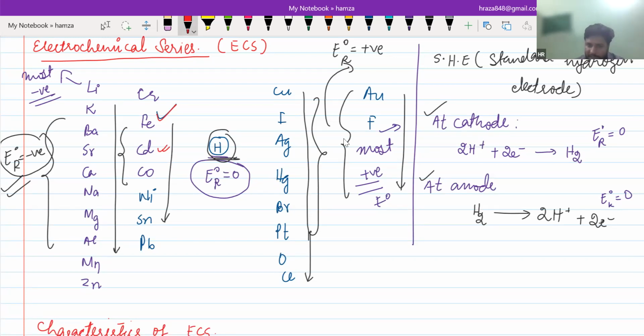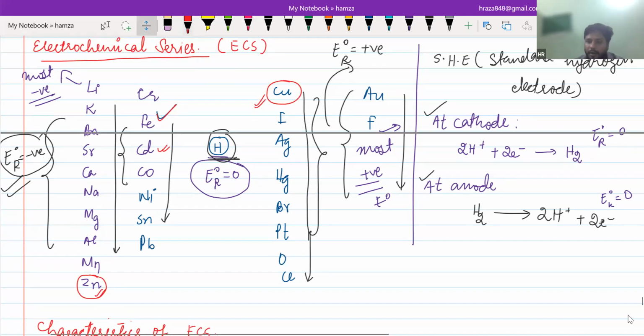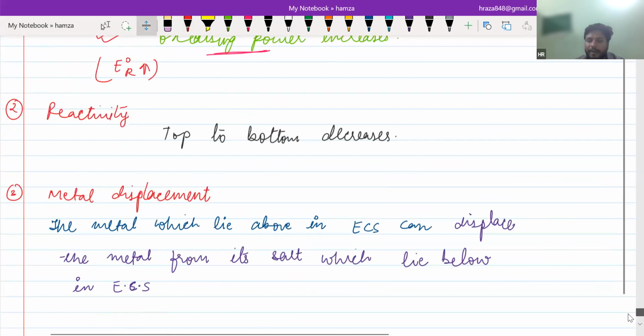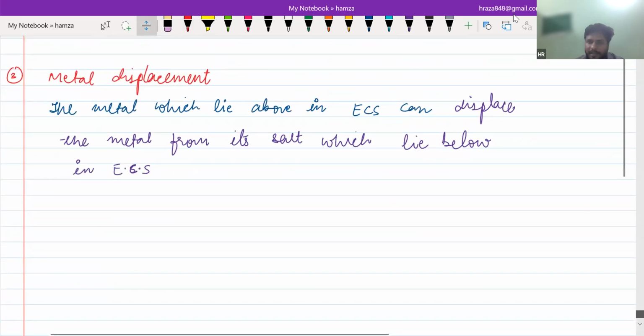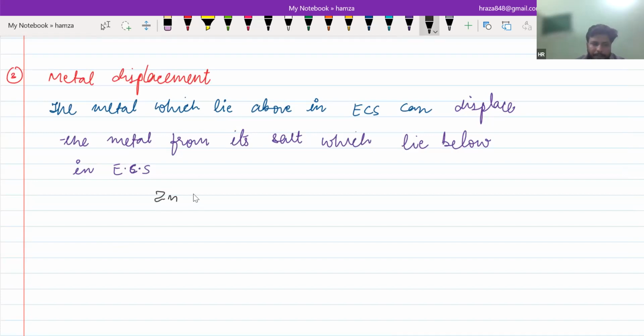Now you can see copper is here, and where is zinc? Zinc is here. Zinc can easily replace copper, but copper cannot replace zinc. So if a metal is present above in ECS, it can easily displace the below metal from its salt. For example, Zn plus CuSO4 gives ZnSO4, and copper is displaced from its salt.